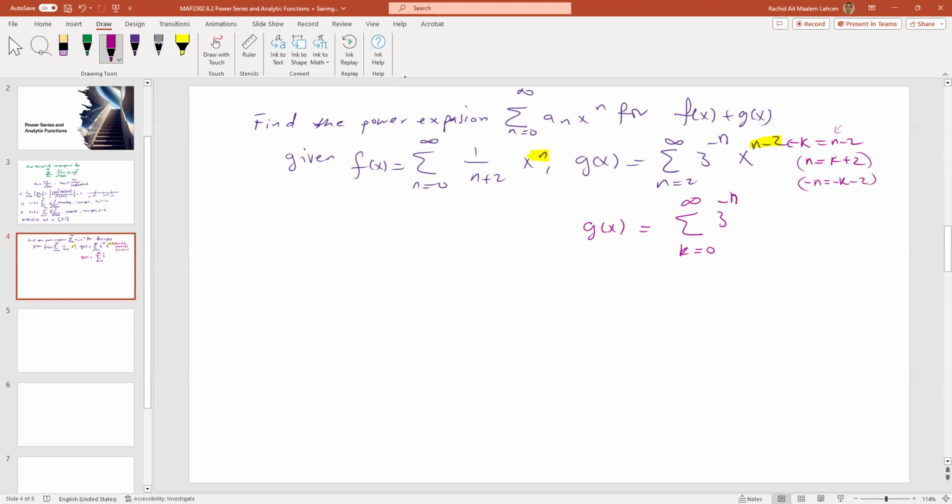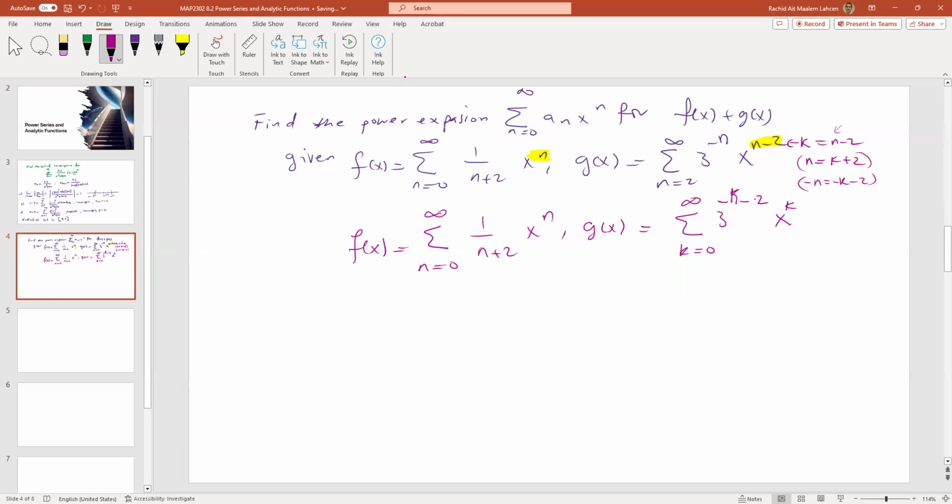All right, and this n minus 2 is k. One thing that's interesting with this, so let's bring down this one.